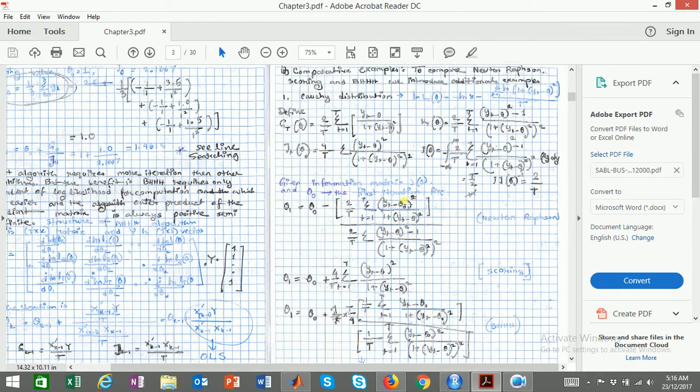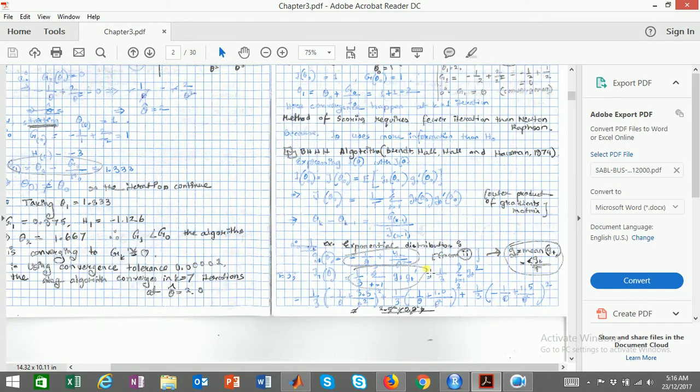So we apply this on an exponential distribution, and what do we find? The gradient for an exponential distribution is minus 1 by theta plus yt by theta square, and the outer product of the gradients matrix is simply calculated, very simple.